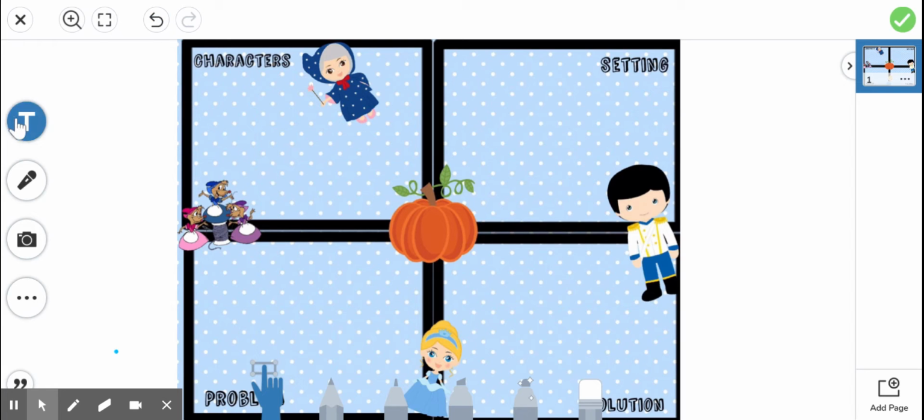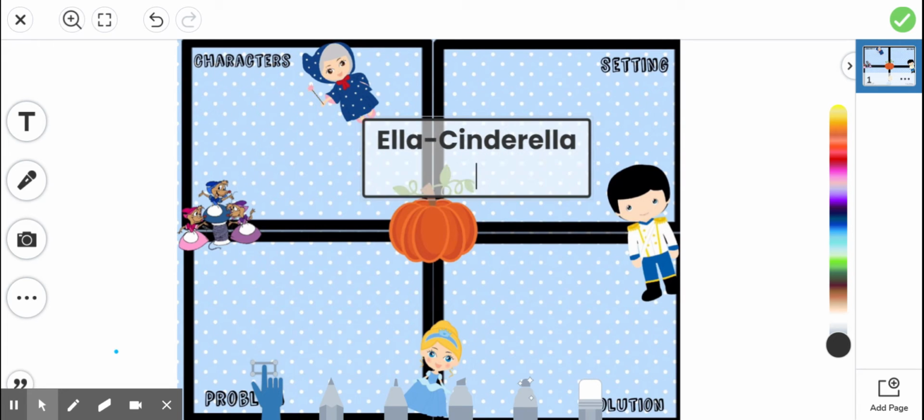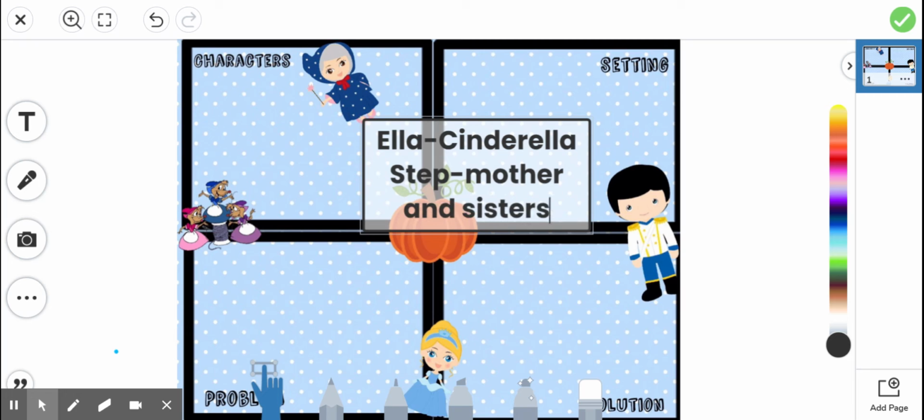And you're going to write down the most important characters in the story. And did you notice Ella turned into Cinderella? And there was a stepmother and sisters. She was really good friends with the mice.